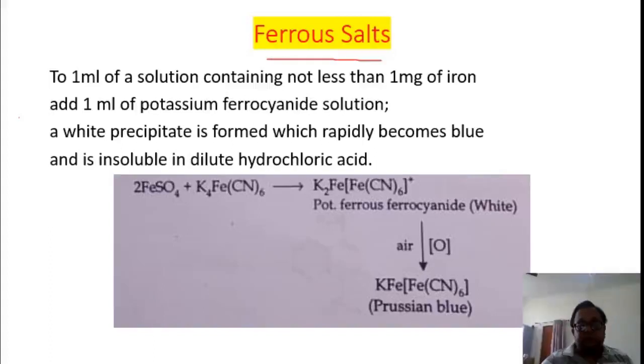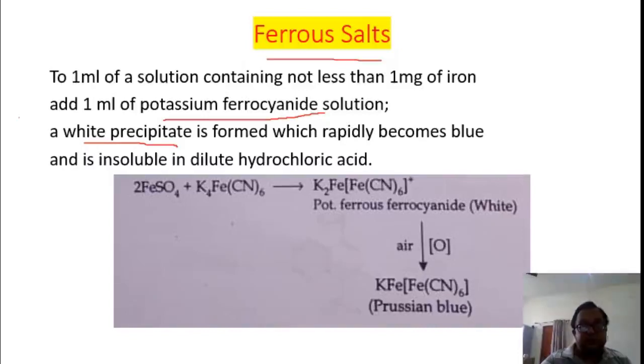In this test for ferrous ion, we are using potassium ferrocyanide. In the previous test, we used potassium ferricyanide. It gives a white precipitate.